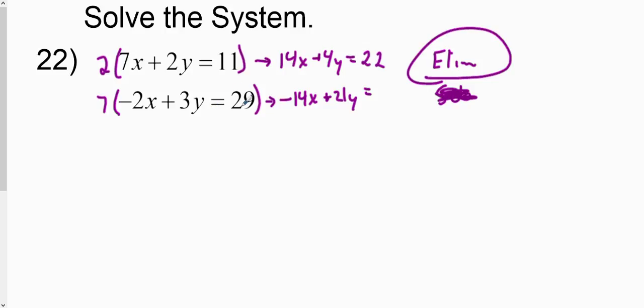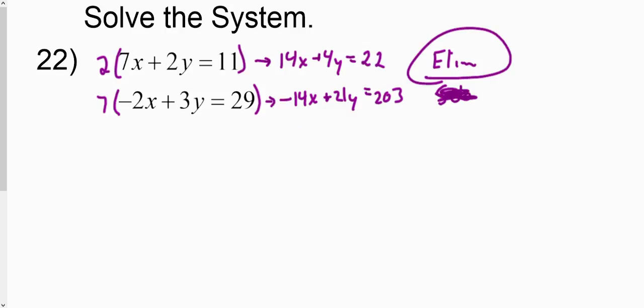And then we have, oh no, 7 times 29. That's going to be 203. 14 plus 6 is 200... wow, 203. Is that right?